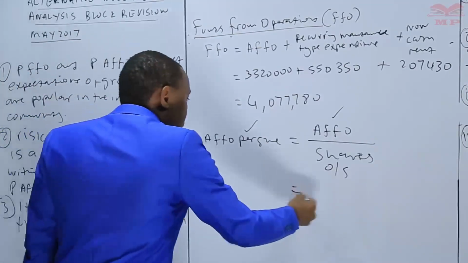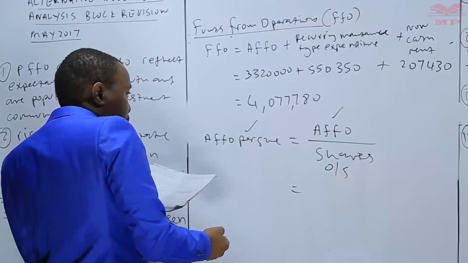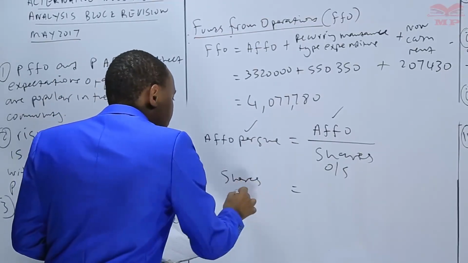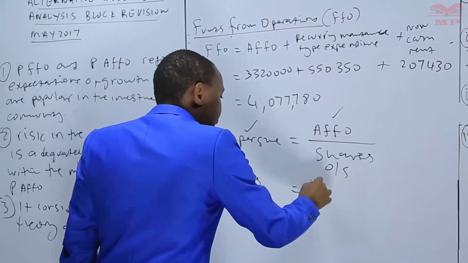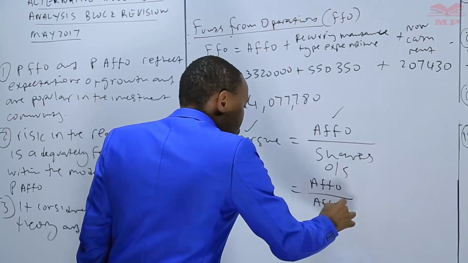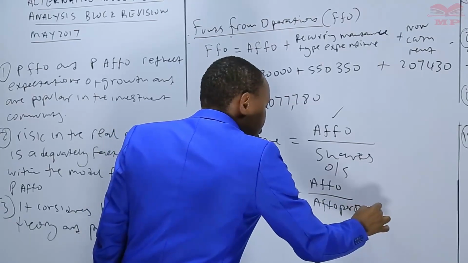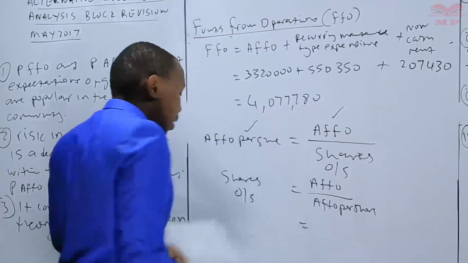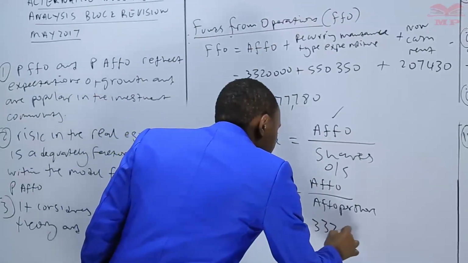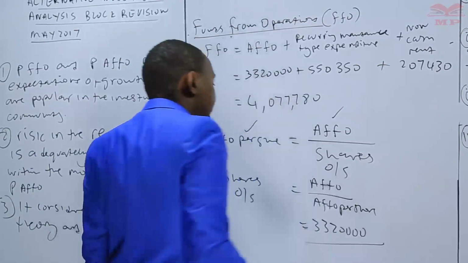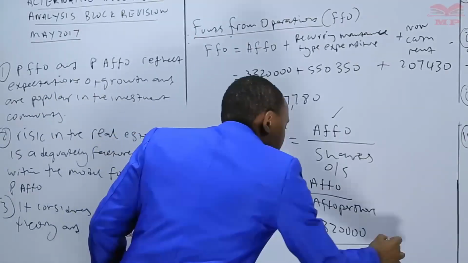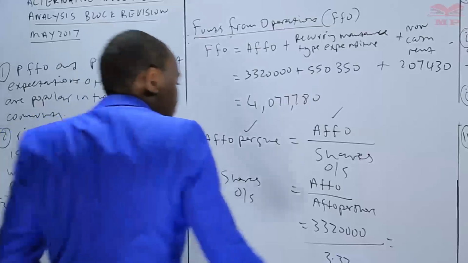So let's do that together. Shares outstanding is given as AFFO divided by AFFO per share. So it is the AFFO 3,320,000 divided by the AFFO per share 3.32, which looks like 1 million.